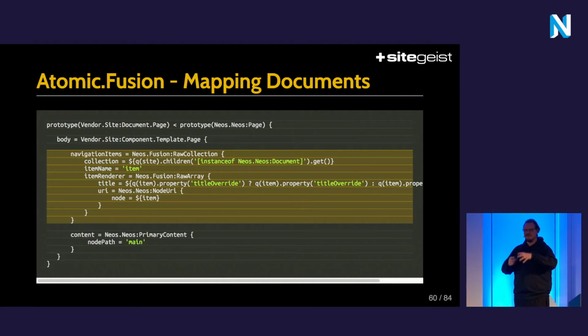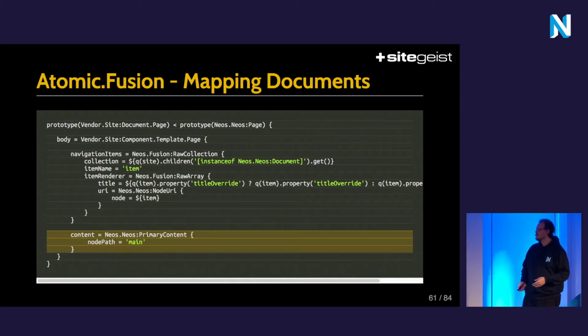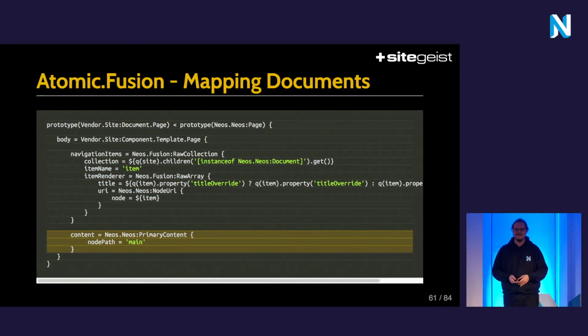So there we actually build up an array that can be interpreted on the component side. So this is very flexible. Here we throw in just the main content collection, and everything goes as expected. So this is really a clear separation of concerns, and nothing breaks if we just have to do some visual changes.